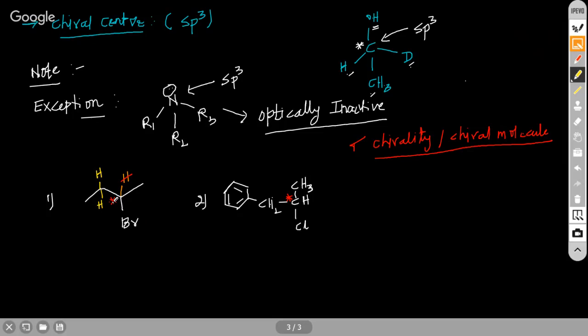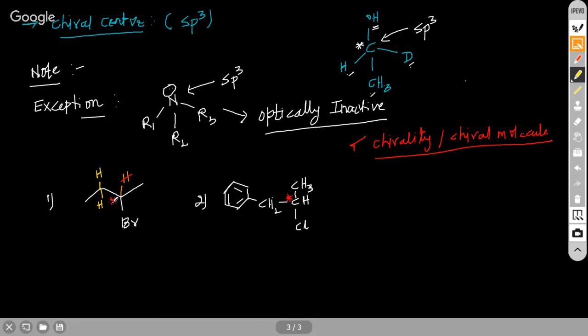Chiral molecules are those in which there is no kind of symmetry. If any kind of symmetry is present, then the molecule cannot be chiral and it won't be optically active. How do we decide that the molecule is chiral? We have to check the plane of symmetry or center of symmetry.